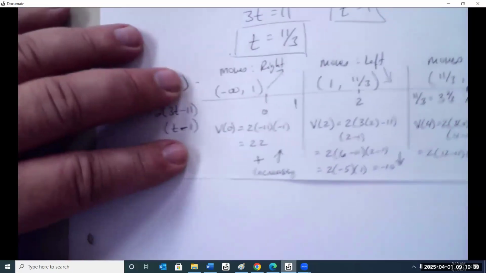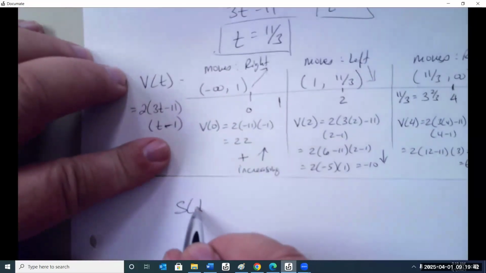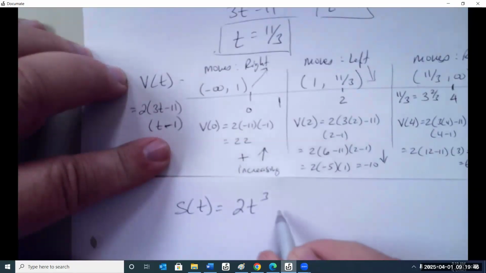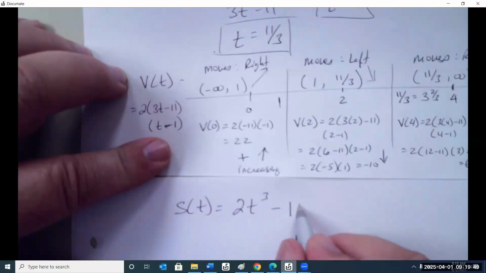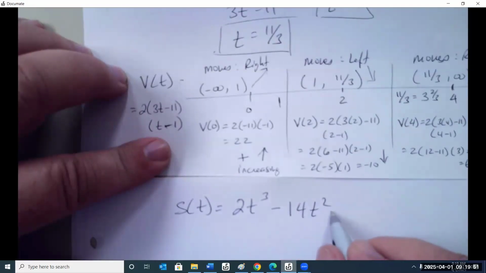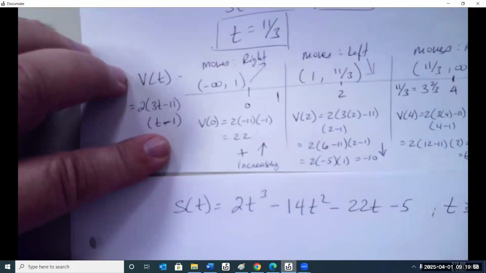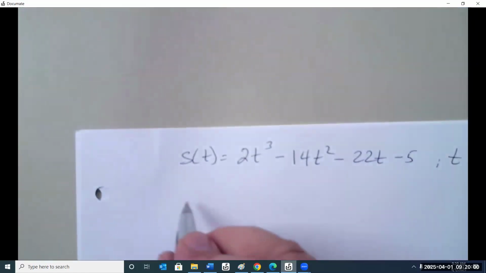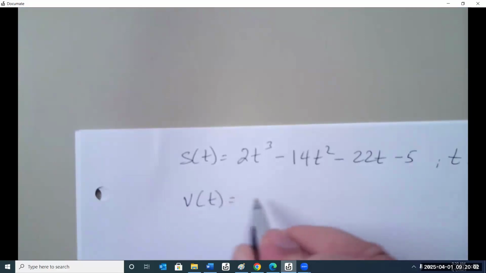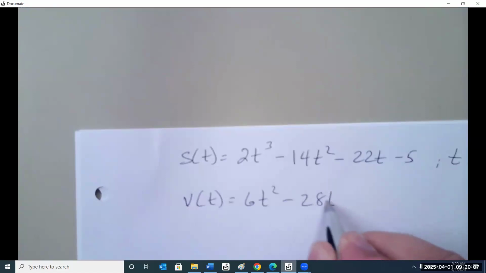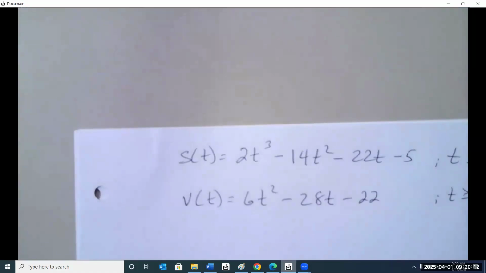So we have our original function, s of t equals 2t cubed minus 14t squared minus 22t minus 5. We found our velocity function, which was 6t squared minus 28t minus 22, and t is still going forward.